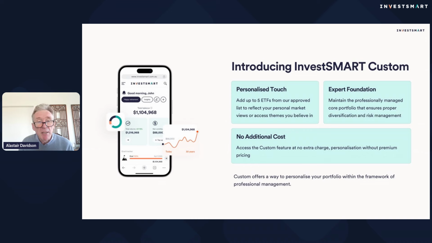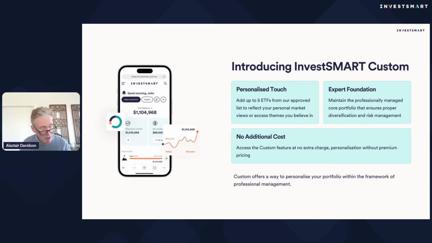What we've done here is you can now add your own choices to our portfolio management service, and that is coming from a list of about 80 odd ETFs, which we've curated from the best ones using our 5-star rating process.